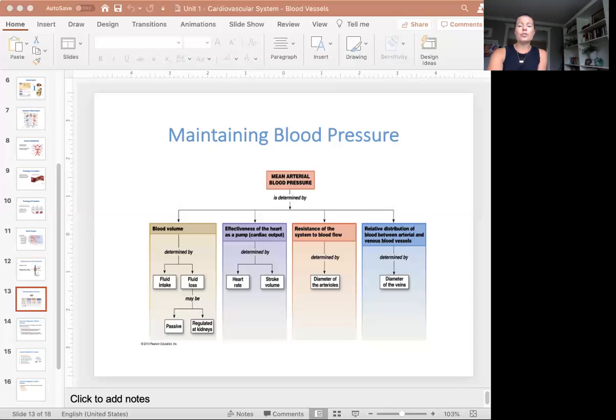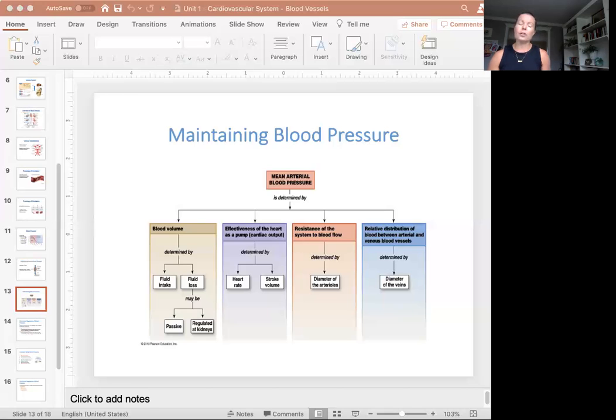But there are two other hormones that have an effect on blood volume, and that takes a while to bring about these changes. So these are long-term regulators of blood pressure. So these two hormones are atrial natriuretic peptide, and that has the effect of decreasing blood volume.